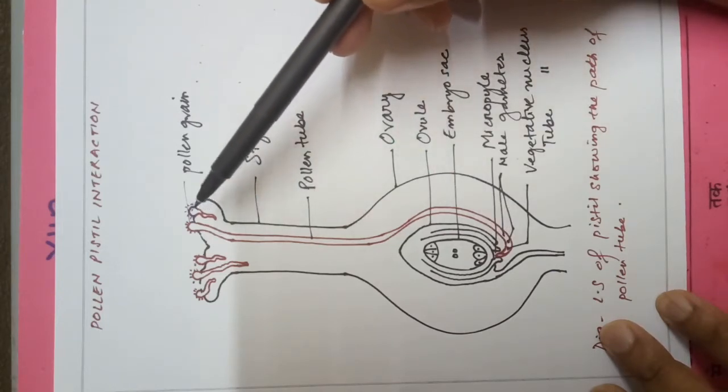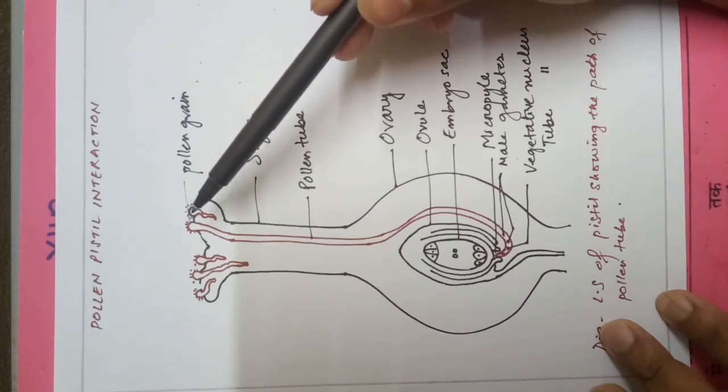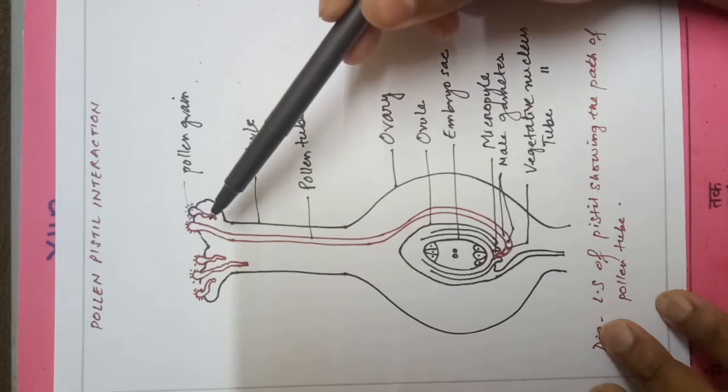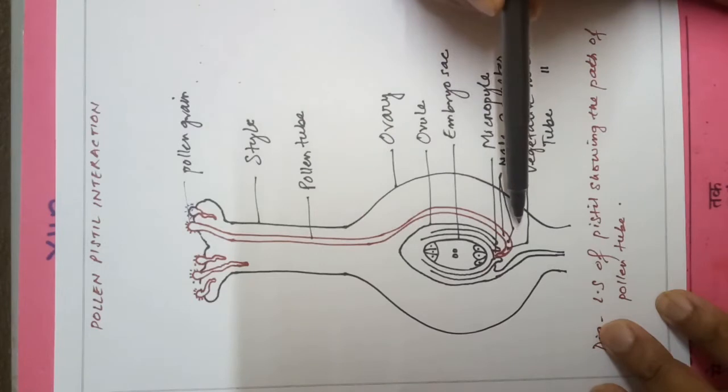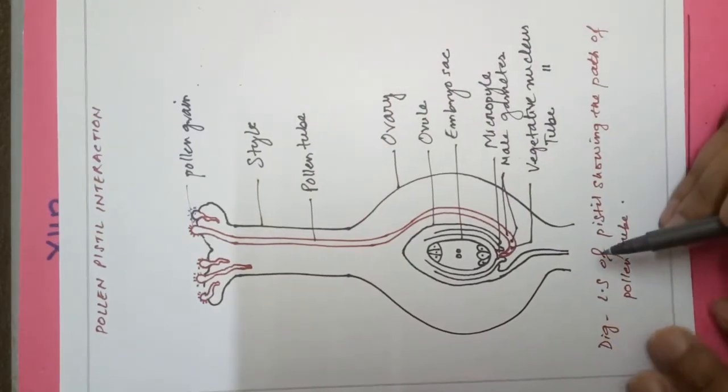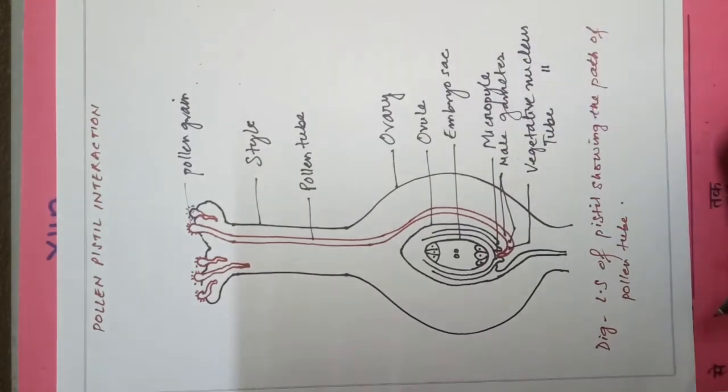Because in 40% of the angiosperms the pollen grains are shed at 3 cell stage, in that case the division is not required, but when the pollen grains are shed at 2 cell stage, the division of the generative cell to give rise to 2 male gametes is required. So this is the path that is followed by the pollen tube once the pollen grain germinates on the stigma of a compatible pistil.